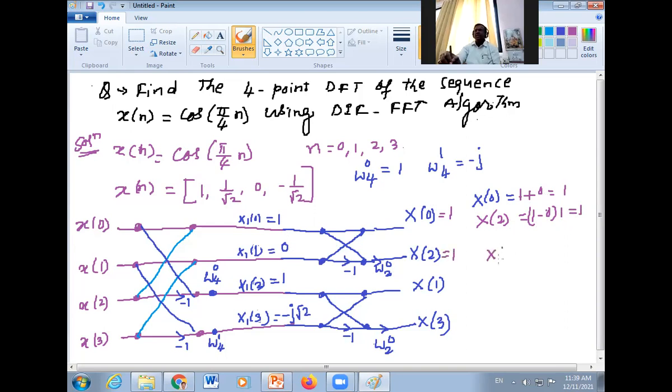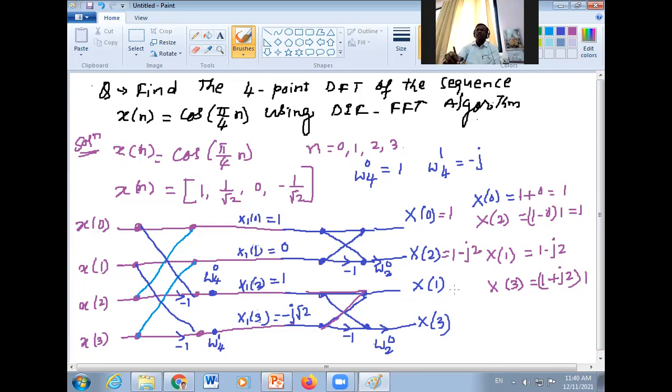Then further, x of 1 is equals to 1 minus j2 is the answer, or we'll write simply 1 minus j2, because here this signal is coming and this signal is coming, so we are just adding that value. And lastly, we will have x of 3 equal to 1 plus j2 multiplied with 1.